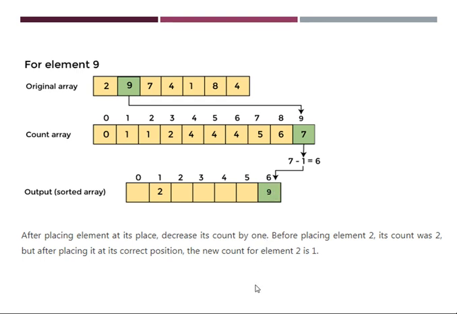And after placing each element at its place, now we need to decrease its count by 1. When we have placed an element in the output array, we need to decrease its count by 1. Before placing the element 2, its count was 2, but after placing it at its correct position, the new count for the element is 1.